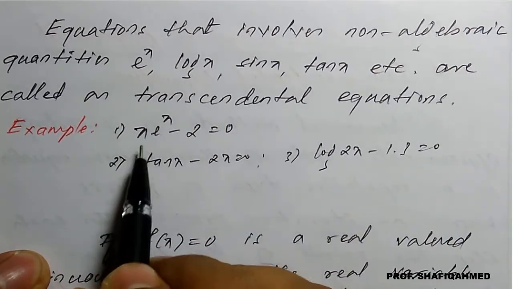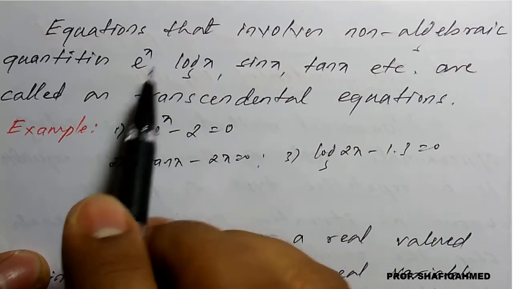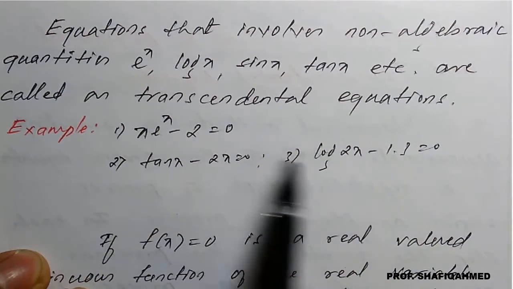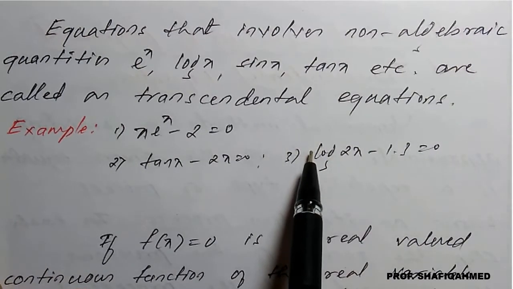You can see here x into e raised to x, so it includes terms like e raised to x, log x, sin x, tan x, all three examples. Such kinds of equations are considered transcendental equations.